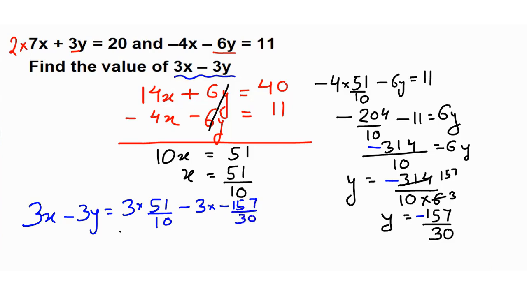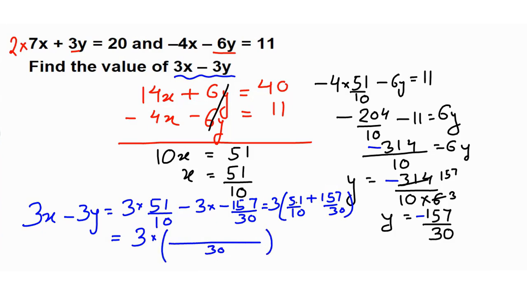We can take the 3 common and then take the LCM. I'll take 3 common in this step. So we'll get 51 by 10 plus 157 by 30. Now we'll have 3 multiplied by the LCM inside, which will be 30. Here we have 51 upon 10. So we'll have to multiply and divide this denominator by 3.